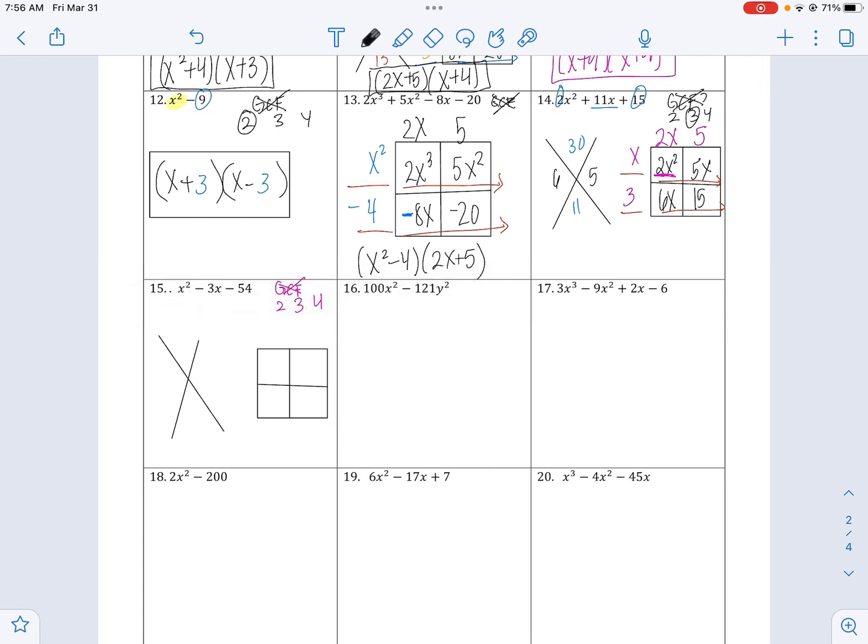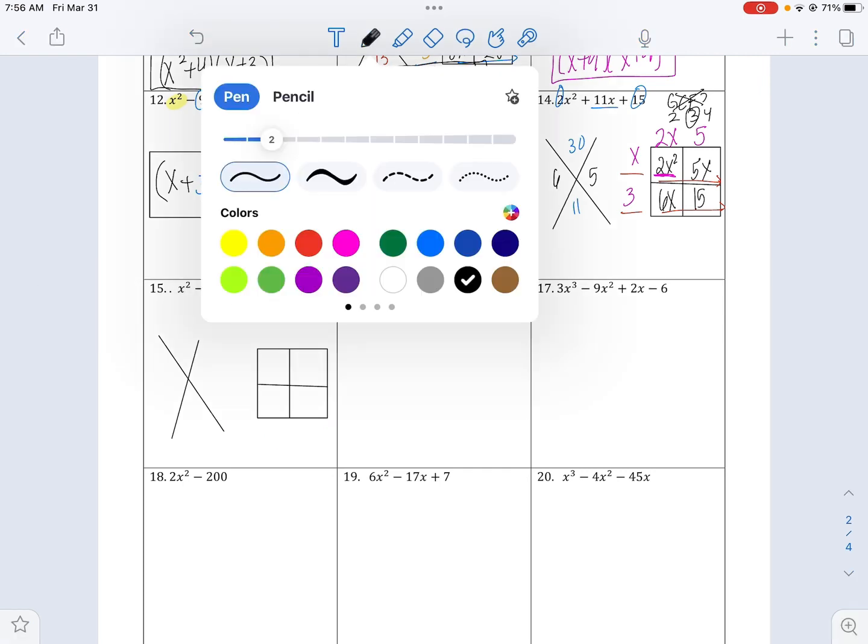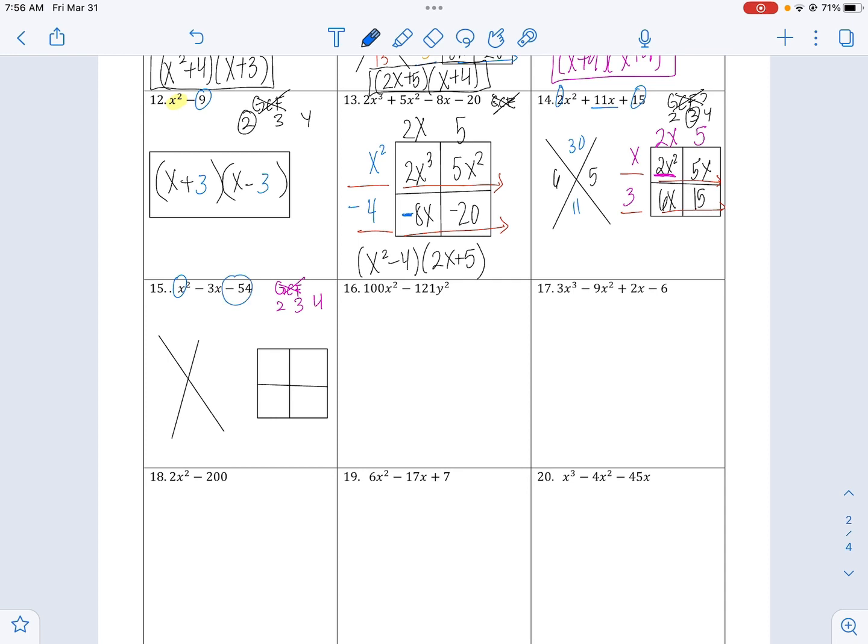Awesome. So we do 1 times negative 54 is negative 54. And then bring down your negative 3. We can go ahead and put our x squared term on our top left, negative 54, bottom right. Okay. Now you ask yourself, what two numbers multiply to negative 54 and add to negative 3?